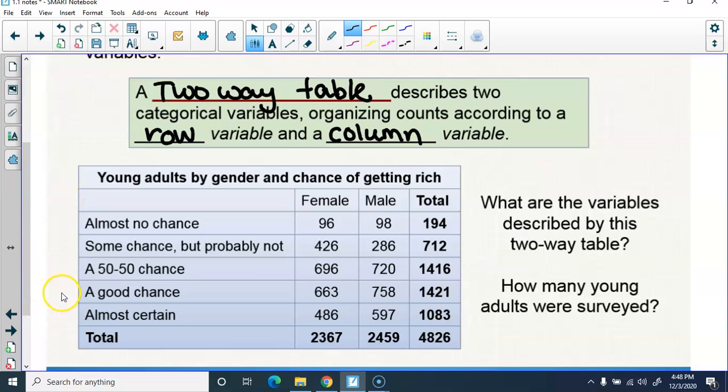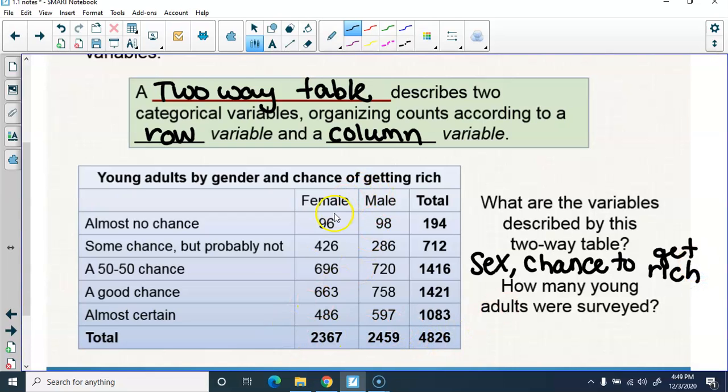So if I'm reading this, I can see that 96 females thought that they had almost no chance to get rich. So the two variables described, I'm going to say sex instead of gender since there's only two, and chance of getting rich. How many young adults were surveyed?